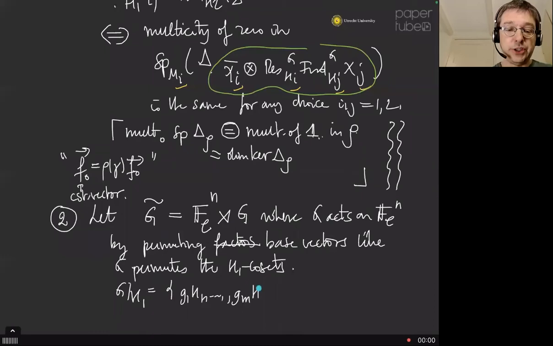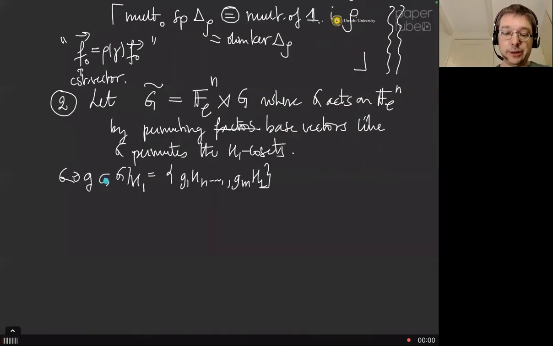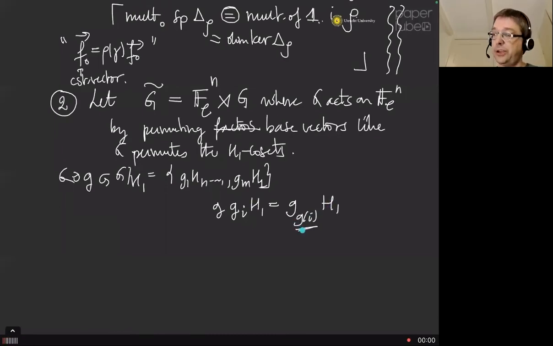You remember an element of the group acts on this just by left multiplication, and it will change one coset into another coset. For convenience, I'll use this notation: the changed index I call g(i). This is again a left coset, and which one is it? It's g g_i. And what I mean by it acting on the base vectors is that I take the base vector e_i for this vector space and do this.